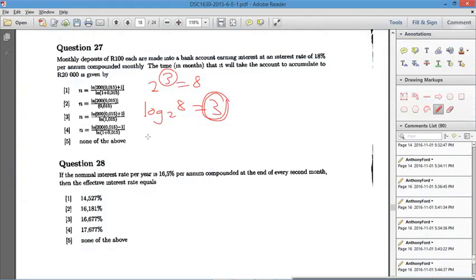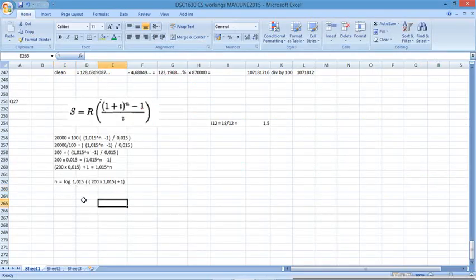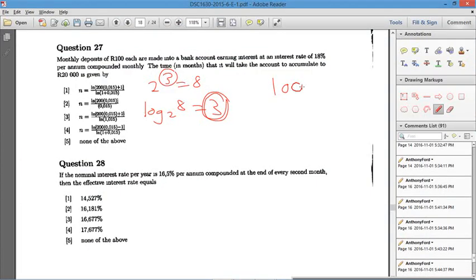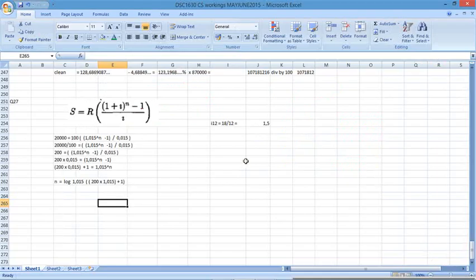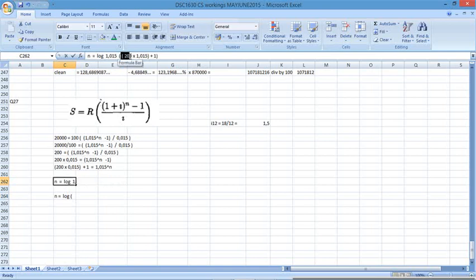Here they've just applied a log or a ln. Remember with the log rules, if I have log base x of y, that's the same as log y over log x, where I have the same base. So they've applied the same thing here. Ultimately n would be equal to log, open brackets, all of that, over log 1.015.